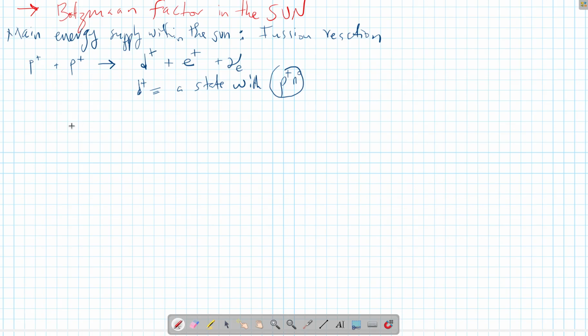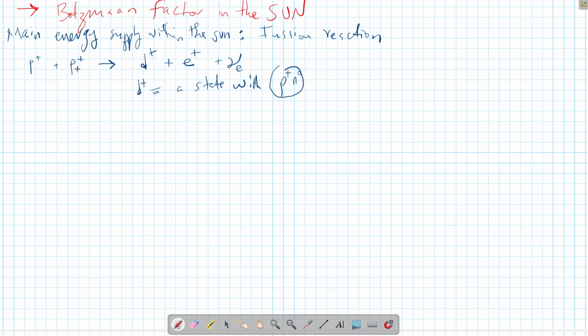But the point is that if you look at the left-hand side of the reaction equation, we have two positively charged particles coming together. From electromagnetism, we expect that since they have the same charge, there's going to be a repulsive force whenever you try to bring these two particles near each other.